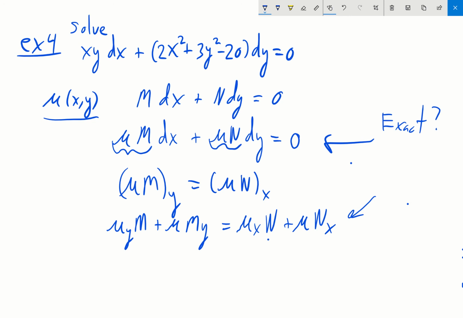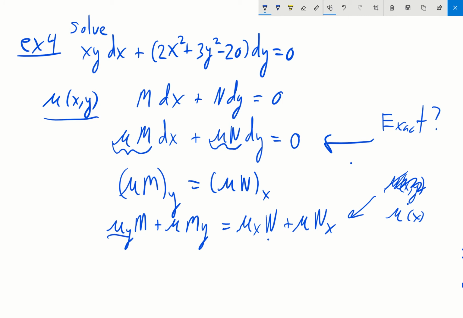The issue with this is that this is a partial differential equation, and we don't quite yet have the means to solve something like this. Okay. However, let's suppose that mu is a function of a single variable. So if mu wasn't a function of x and y, let's suppose that mu is simply equal to some function of x. So if mu only depends upon x, then this is how this would simplify.